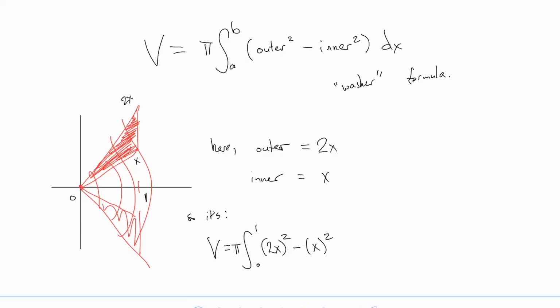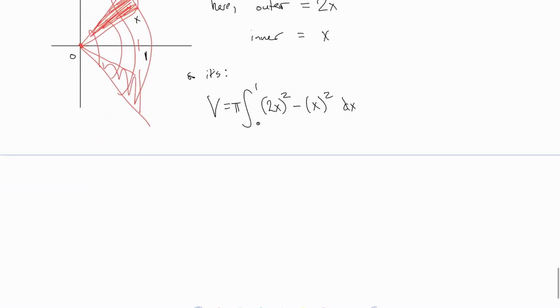Make sure you handle these parentheses correctly, but it's not such a big deal in this case. (2x) squared means you have to square the 2 and also square the x. So that's actually going to be 4x squared, and then just minus another x squared. So this is pi integral from 0 to 1 of 4x squared minus x squared. Subtract that, and I get 3x squared.